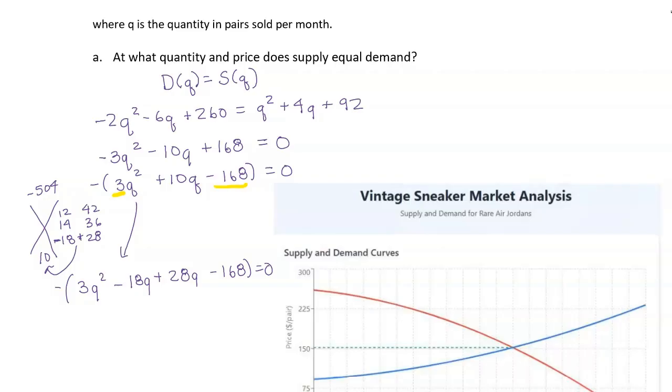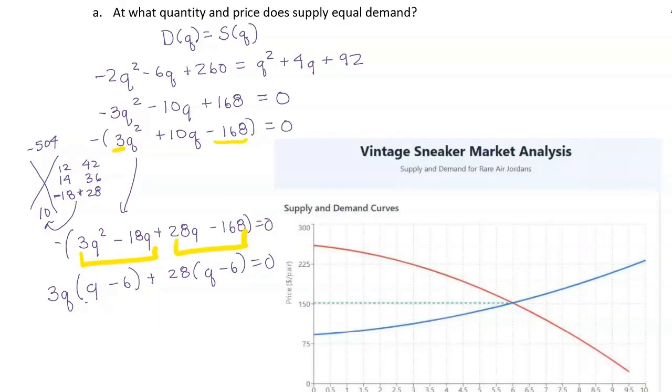Now I can factor in two groups of 2 to get 3q, and then what's left over is q minus 6 plus, in the second group, the 28 factors out, and I get q minus 6.